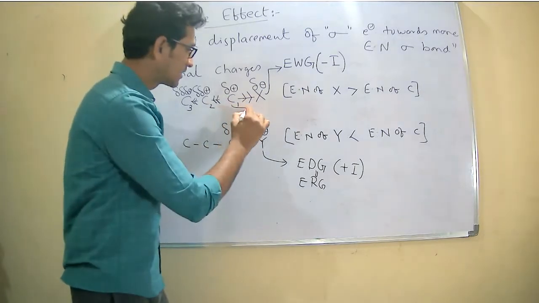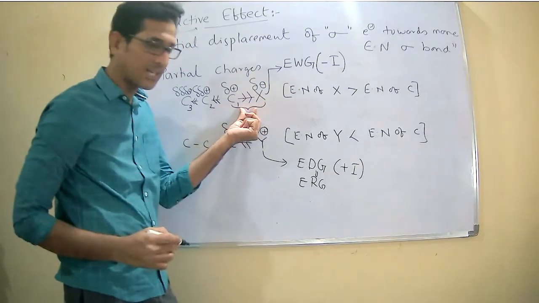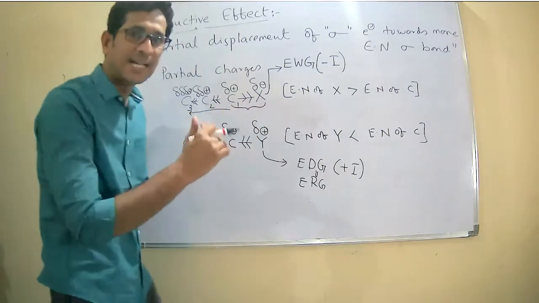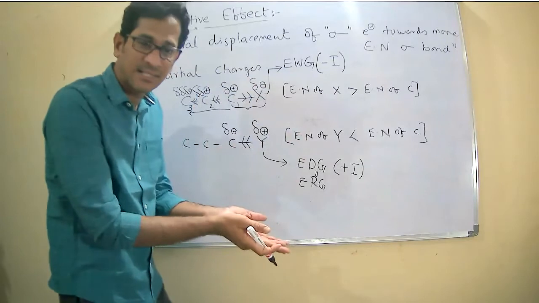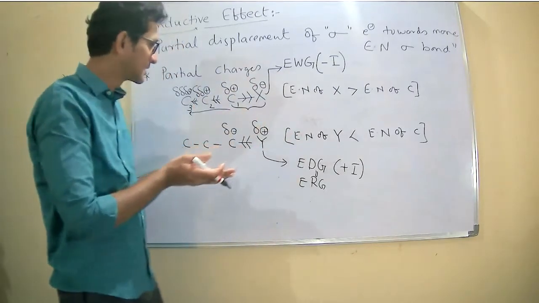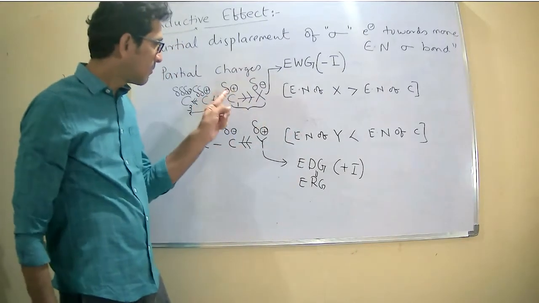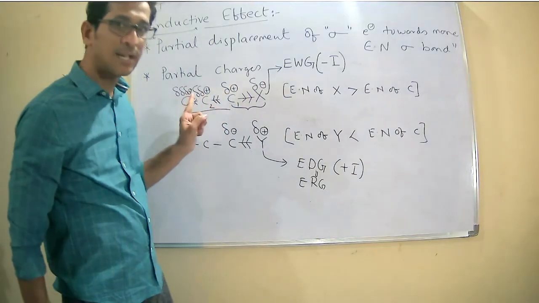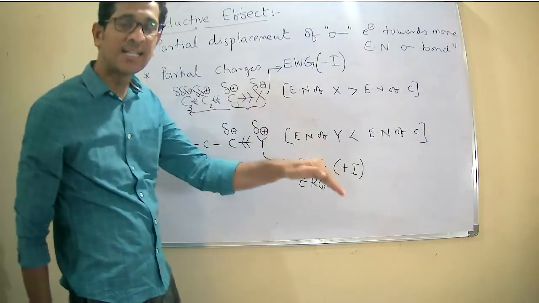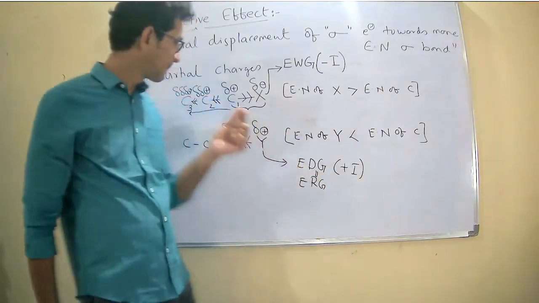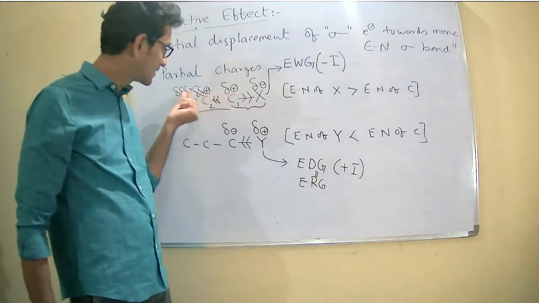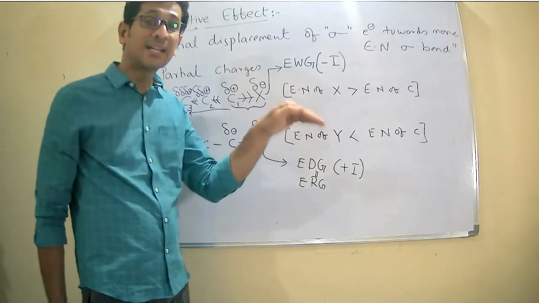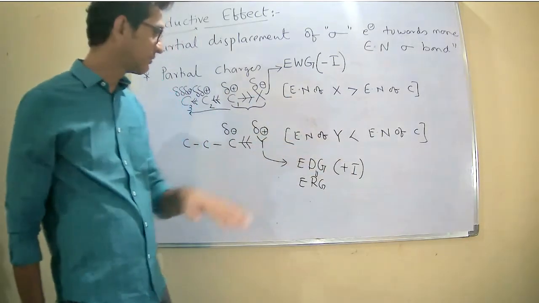It means the inductive effect is more in this case. As we are moving on, the inductive effect decreases. As the number of deltas increases, it indicates a decrease in the inductive effect.